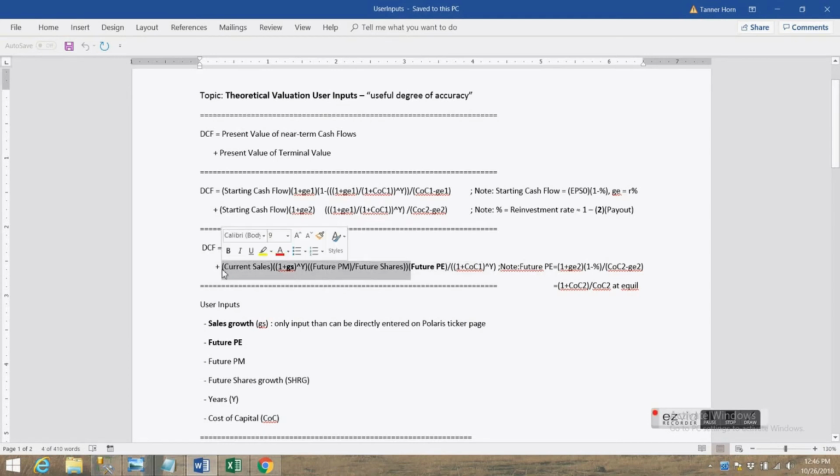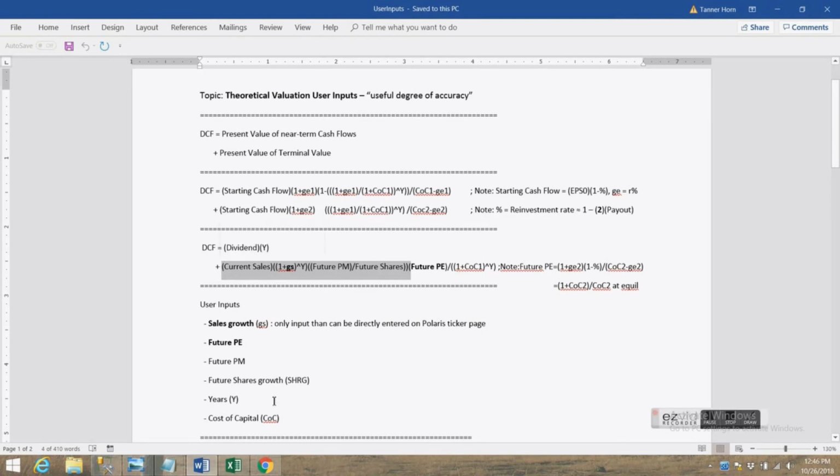And then it's multiplied by future PE, and we're going to go through here in a little bit and show you how the future PE is the same thing as this perpetuity valuation formula.